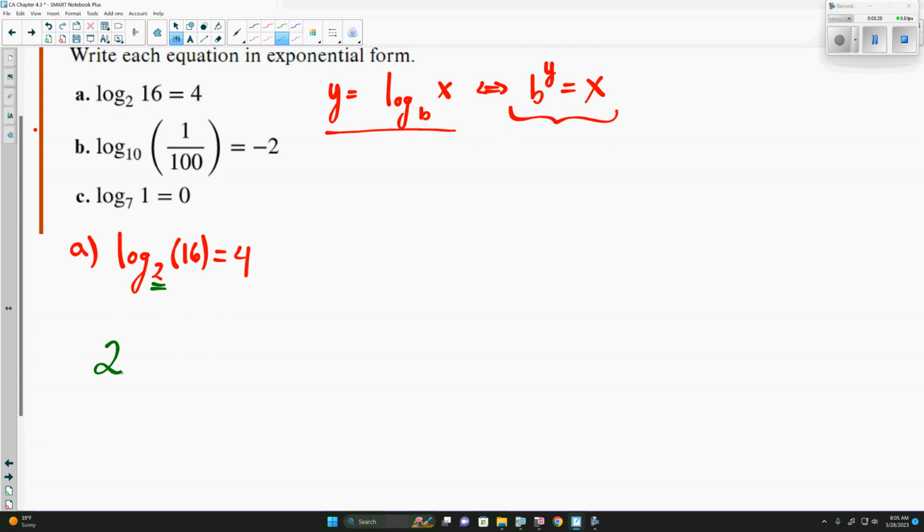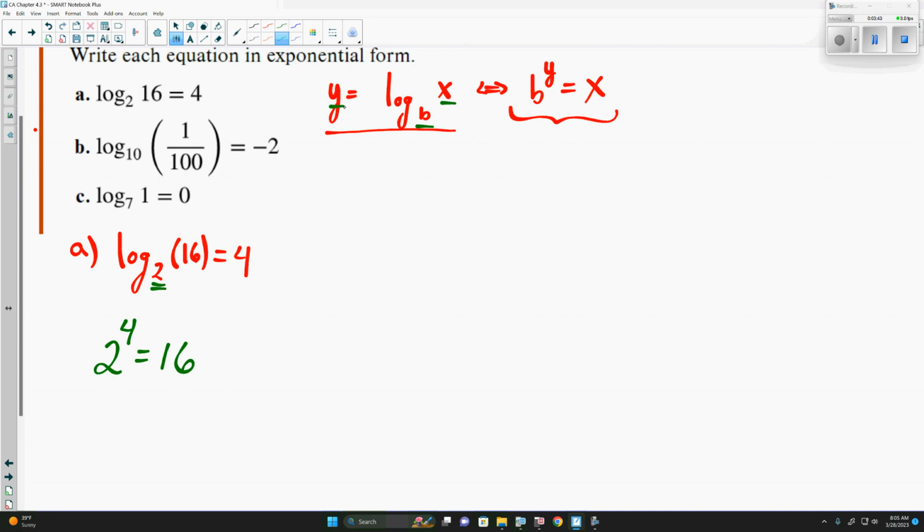We put it as the exponent of what it's equal to, which is 4, equals 16. So I just took this, b is 2, x was 16, and y was 4, and rewrote it as b to the y is equal to x. We switched it from one form to the other.